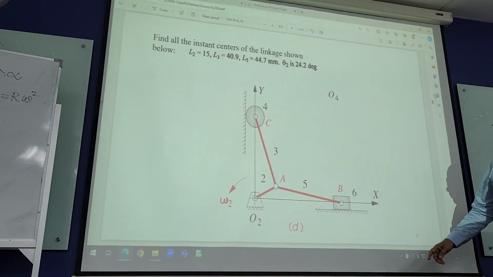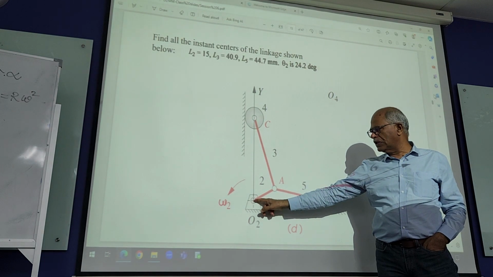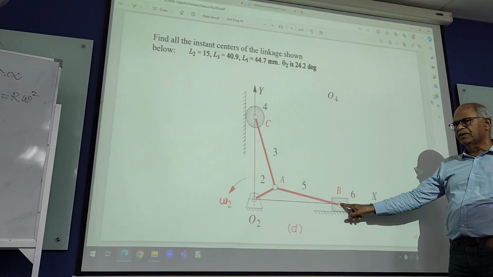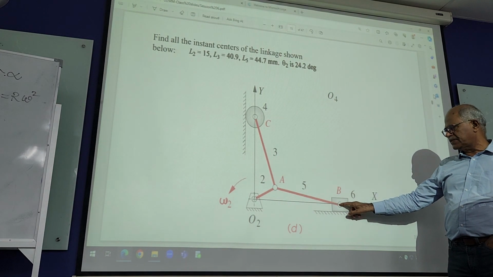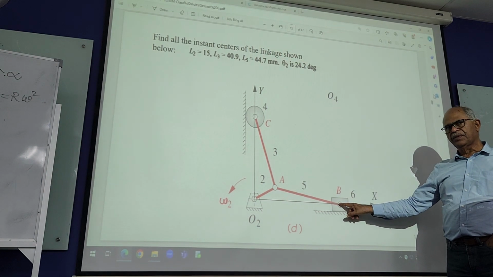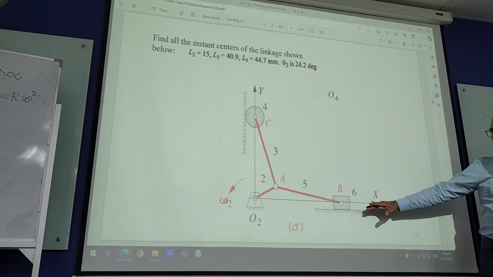So this will be 1, 2, right? This is 1, 2. So here this will be 5, 6. So then 1, 6 will be at infinity, perpendicular to the horizontal.